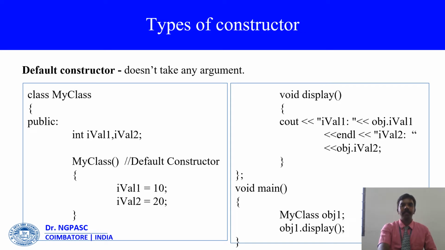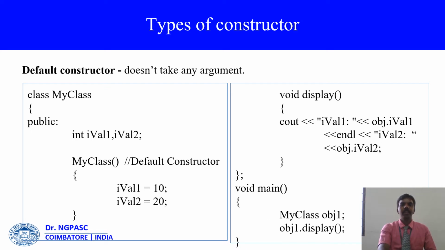The name of the member function is the same as the name of the class. And regarding the arguments, the constructor accepts no arguments. So a default constructor is defined here. If a constructor is defined with no arguments, then that constructor will be considered as a default constructor.